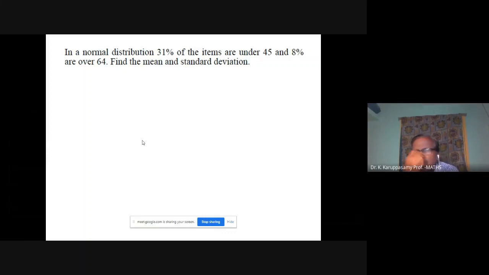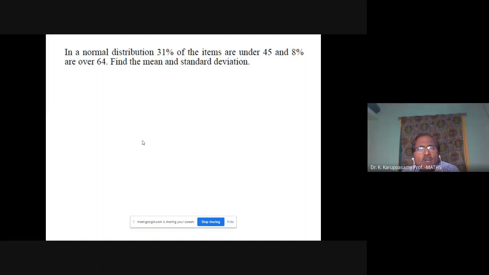For the purpose of understanding, we can say in a class there are 100 students. The marks scored by the 100 students follow a normal distribution. The mean and standard deviation are not given. We have to find them out.